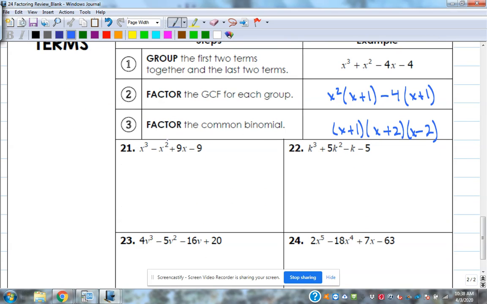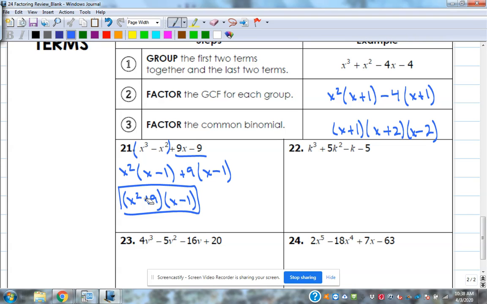21, group the first 2, last 2, so that's going to be x squared, x minus 1, plus 9, x minus 1, x squared plus 9, x minus 1, and that won't factor any further because that's not a minus sign in it. Okay.